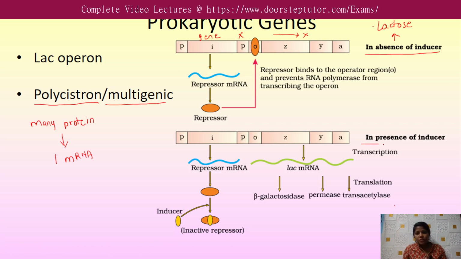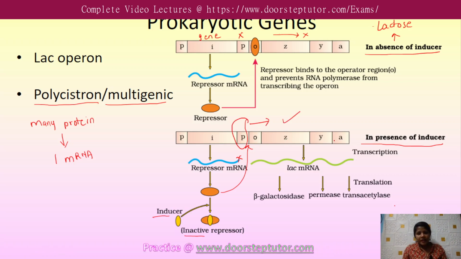But when the inducer is present, what happens? This inducer goes and binds to the repressor protein, hence makes it inactive. That's why it won't be able to bind the operator region. That's why now RNA polymerase comes and binds to the promoter region and transcription of structural gene takes place.